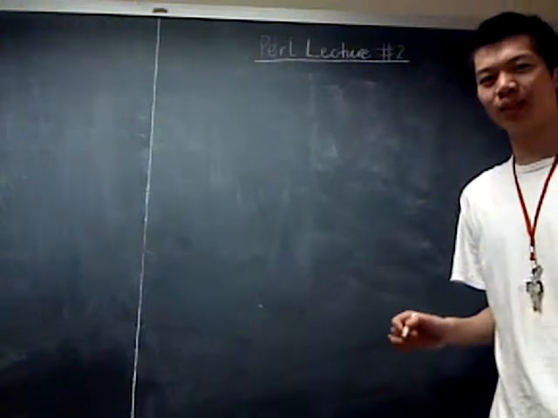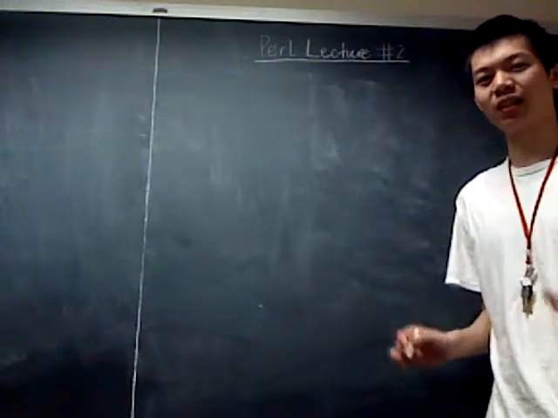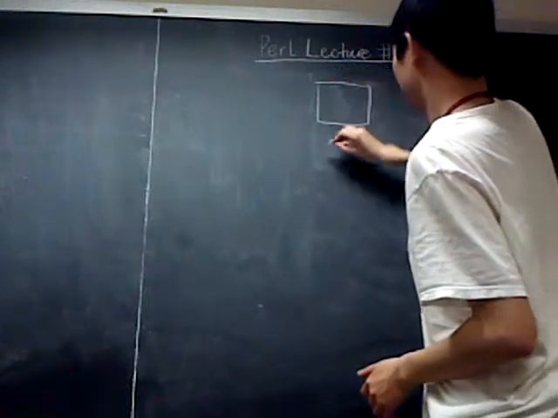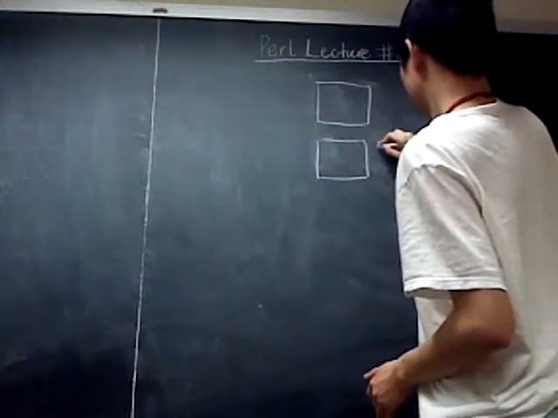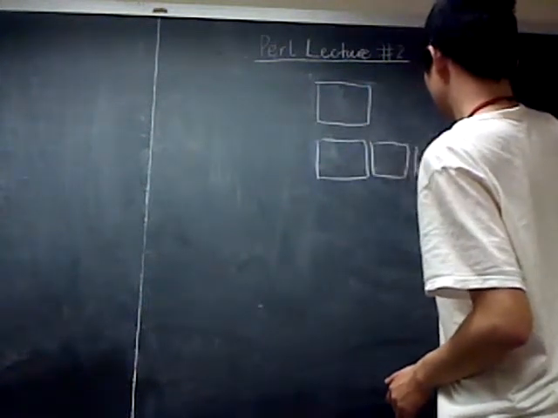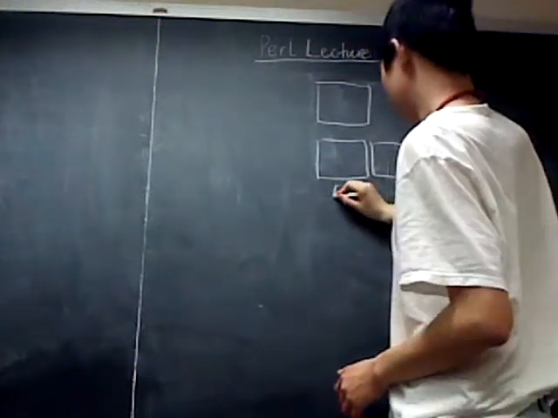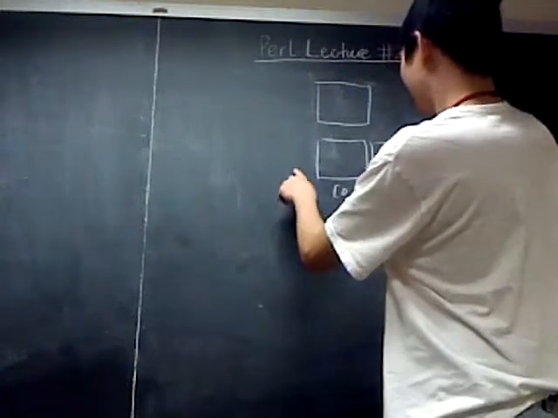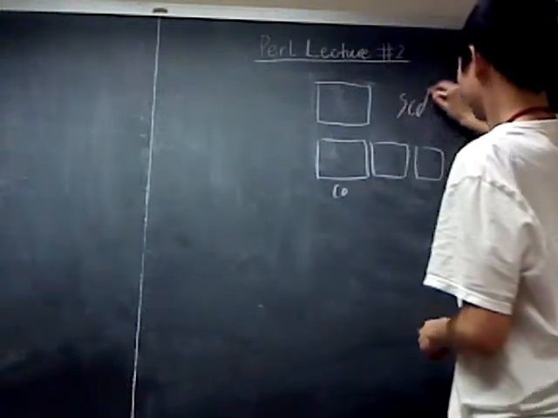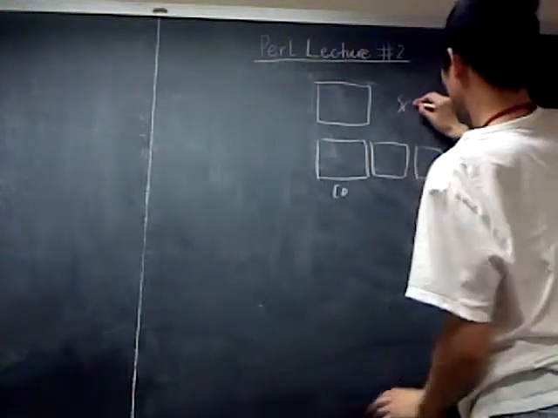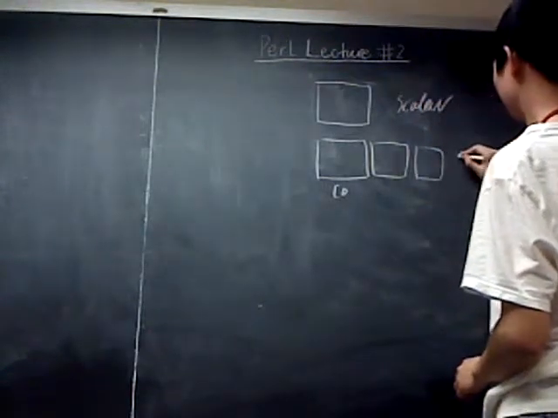Let's quickly go back to the box diagram that I drew in the last lecture. So this is the scalar, right? This is the array.